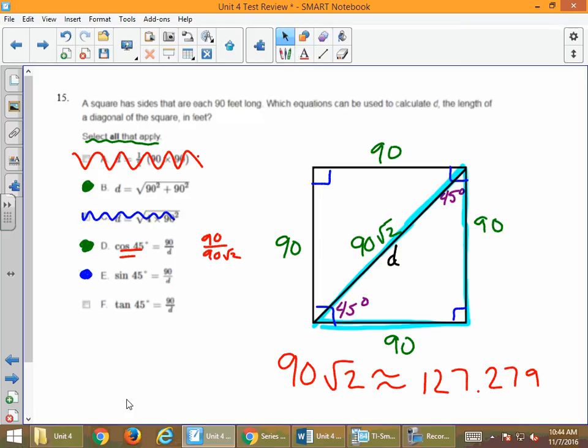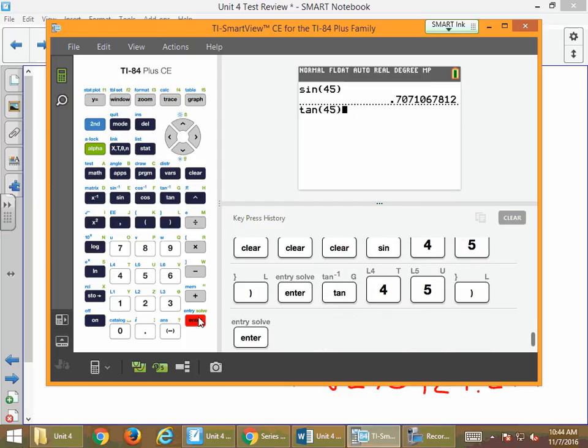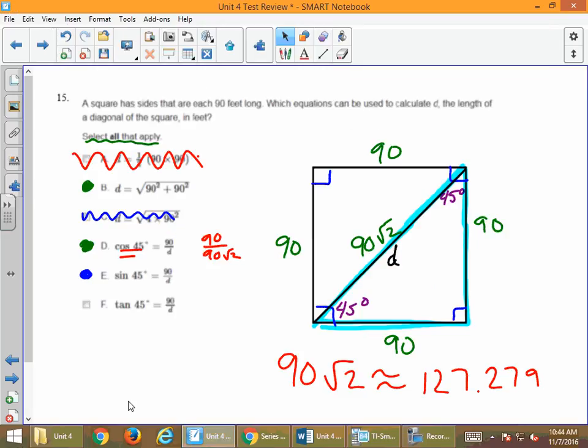Then you do the same thing with tangent: the tangent of 45. We said when we plug that ratio in our calculator, it gives us 0.707. So we know that's not an answer. Hopefully all of you got that. Questions over that?